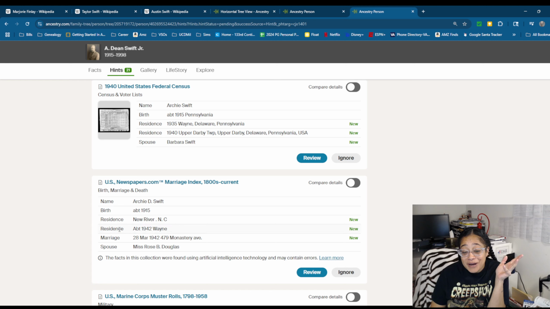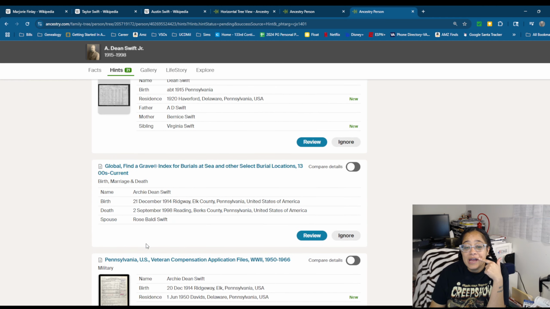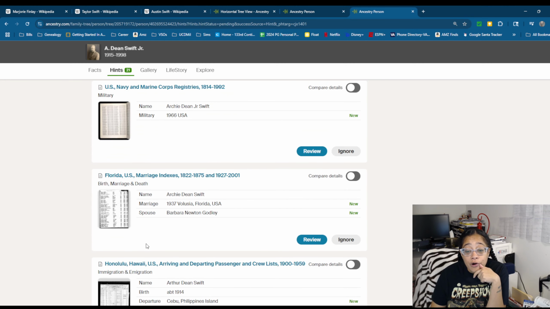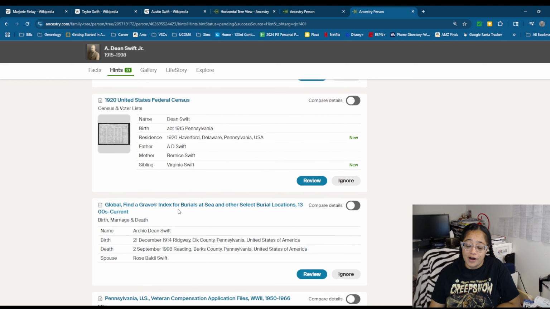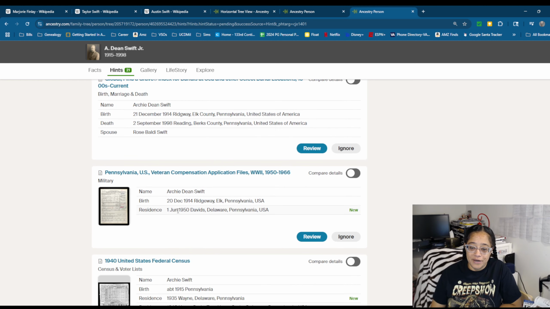Chances are this marriage is probably accurate because I am seeing that he did marry Rose in 1942. So he was married once before, it appears, but I'm not going to go down that rabbit hole just yet because I'm trying to prove Taylor Swift's line. I'm not trying to prove all of this other information.